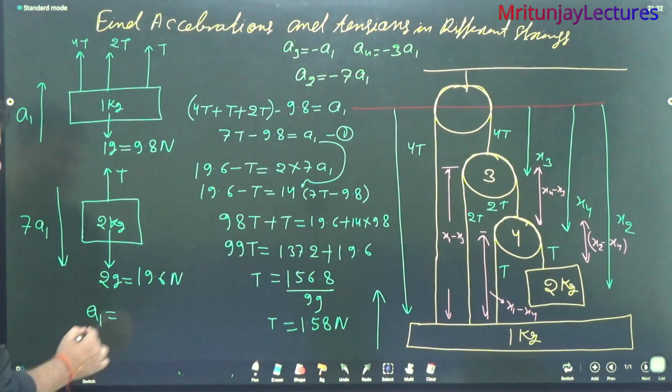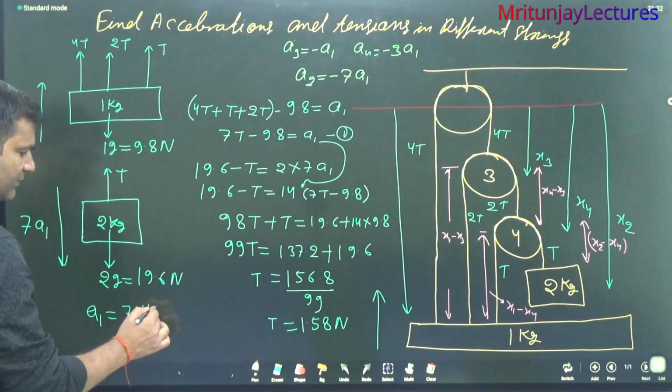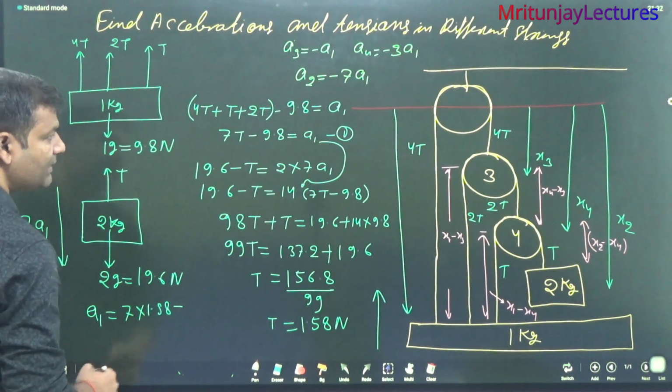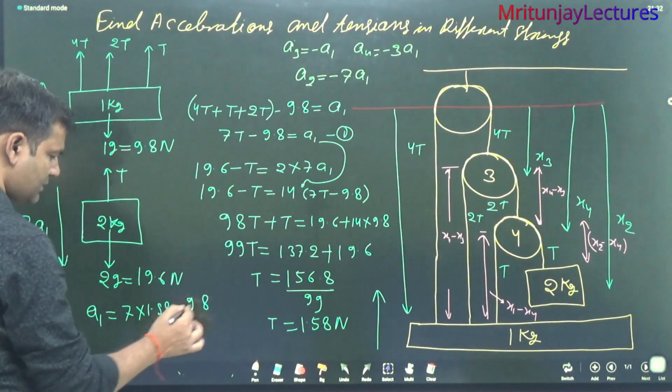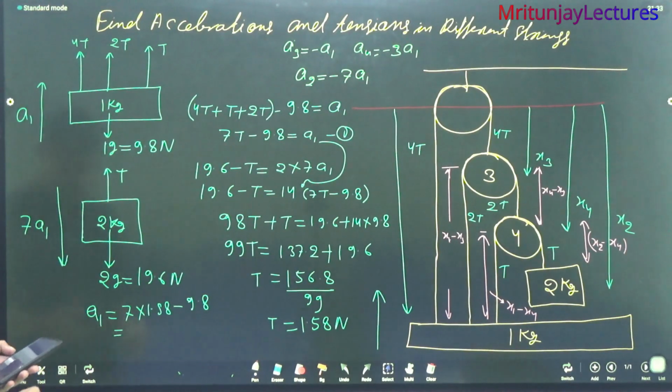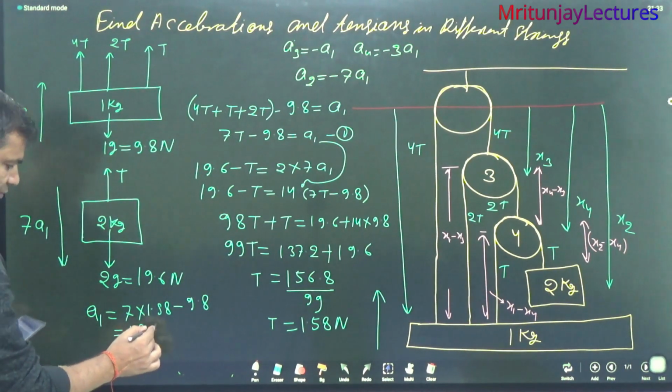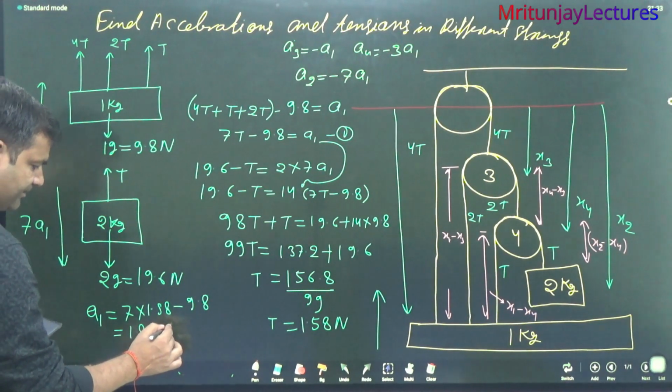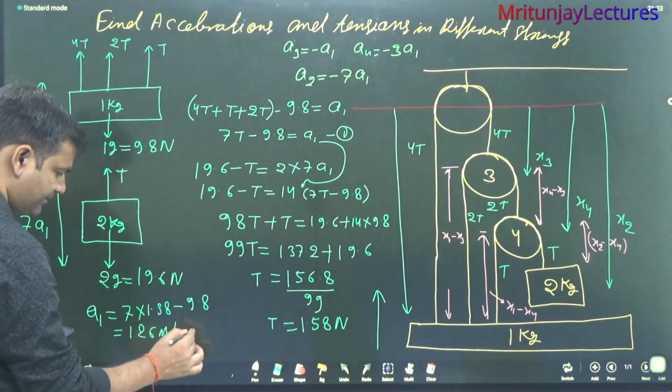So A1 is 7 into 1.58 minus 9.8. Then we got 1.26 meter per second square.